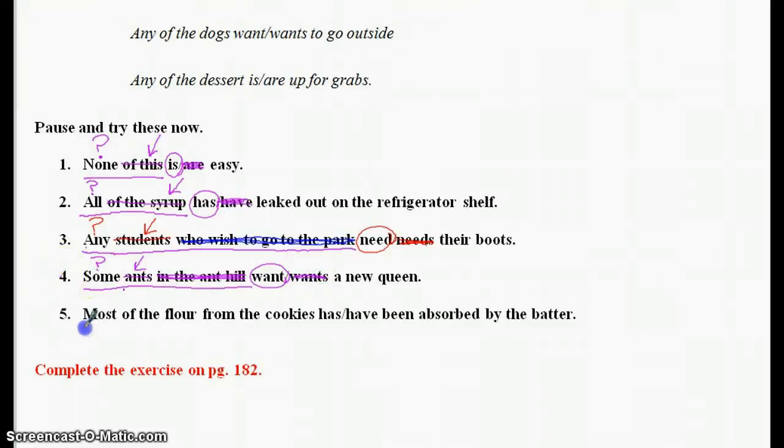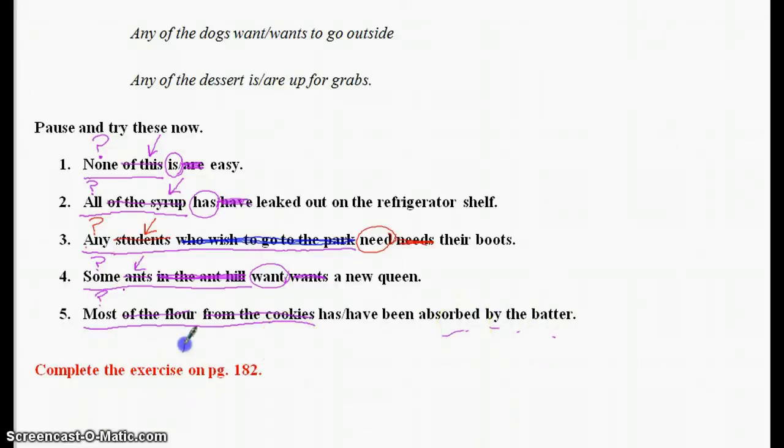And lastly, most of the flour from the cookies. Well, we've got 2 prep phrases here, don't we? There's our synonym of the flour and from the cookies. So now you need to ask yourself, well, which prep phrase do you dip into? Well, what are we talking about? What has been absorbed by the batter? Is it the cookies that have been absorbed by the batter?